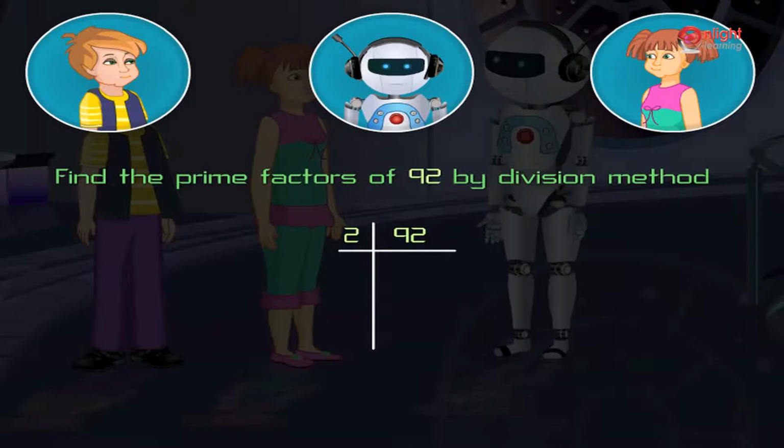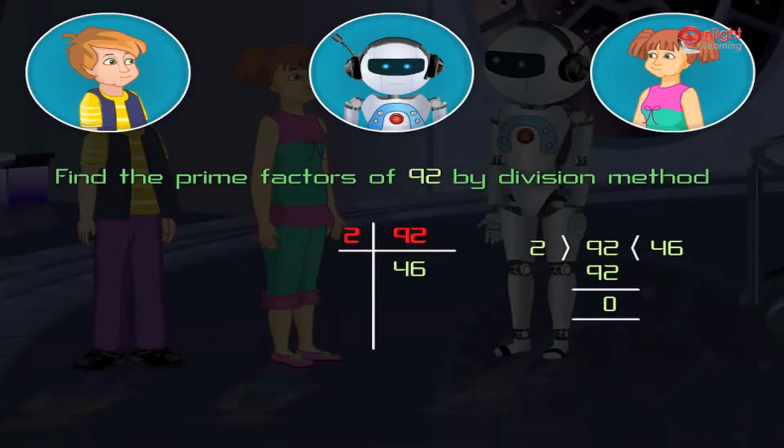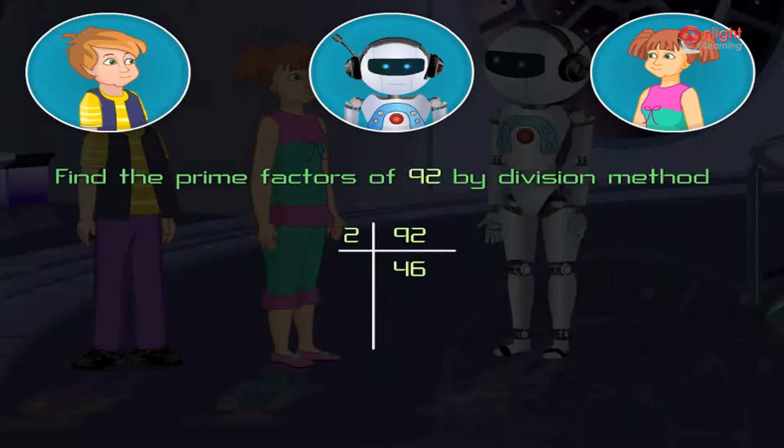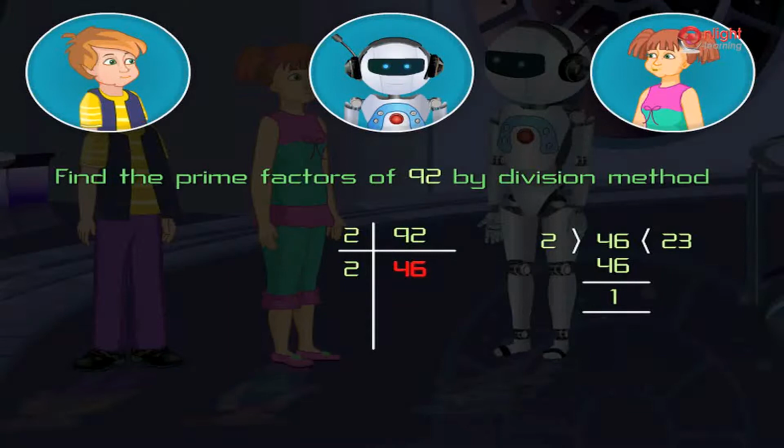Good, Akash. Now divide 92 by 2 and write the quotient 46 below 92. Again check which least prime number divides 46 without leaving a remainder. 2 is the least prime number that divides 46 without leaving remainder.